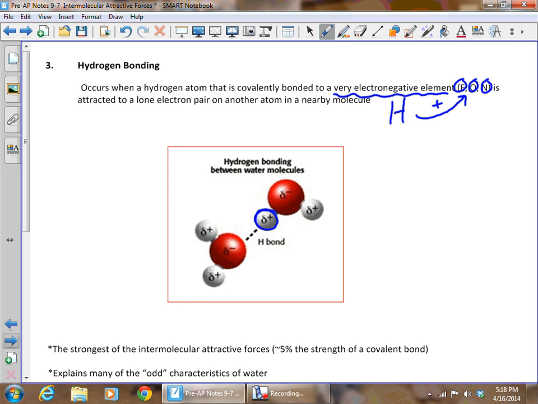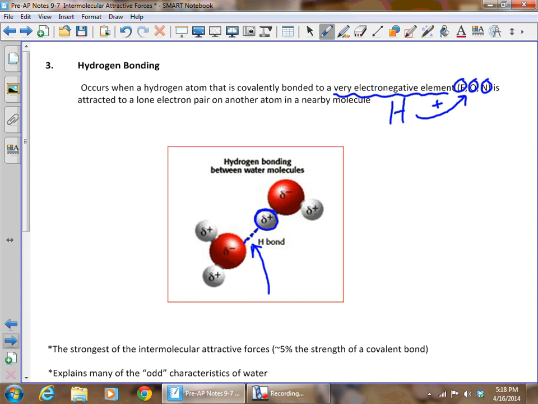So what does it do? And it's very important to realize that it does this with a neighboring water molecule. It will hook up and attract to the oxygen side, the partially negative side of another water molecule.